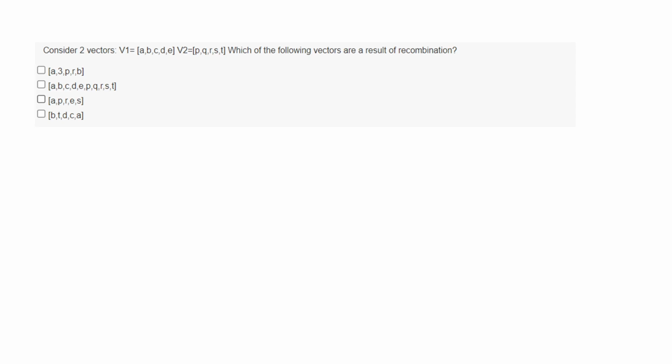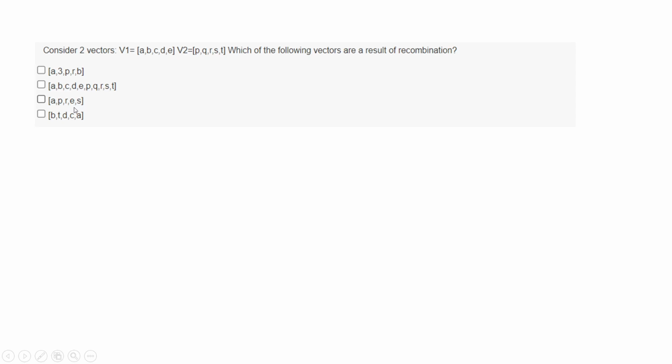So that is also not the correct answer. The correct answer should be just swapping a few out. So what has happened here? B has been swapped out for P, R has been swapped out for C, E has been swapped out for, oh no, A.